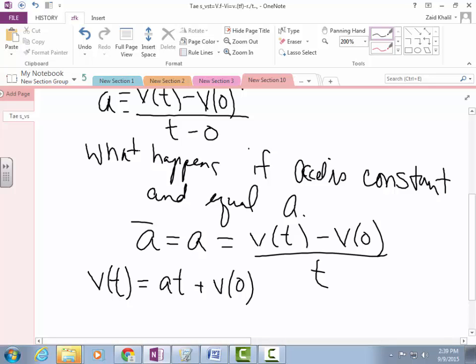Why? Because slope is a measure of what? Rise over run. What are the units of position? Meters.